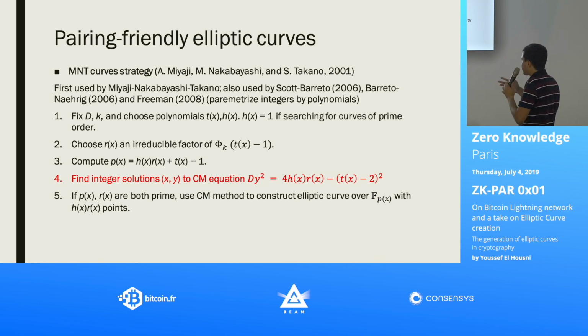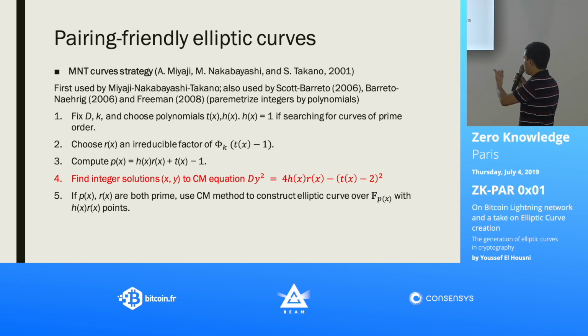Because elliptic curves have finitely many integer solutions, maybe you won't find those x's that give you p prime and r prime. So you take t to be of degree 1, and you will end up with an equation that has y squared on the left side and x squared on the right side. We know how to solve these equations. Those are Pell-type equations, or in France we call them Pell-Fermat equations, even if Fermat didn't work on these equations; it was a mistake by Euler who attributed these equations to Fermat. We can solve them with infinite ratios, I don't know the term in English.